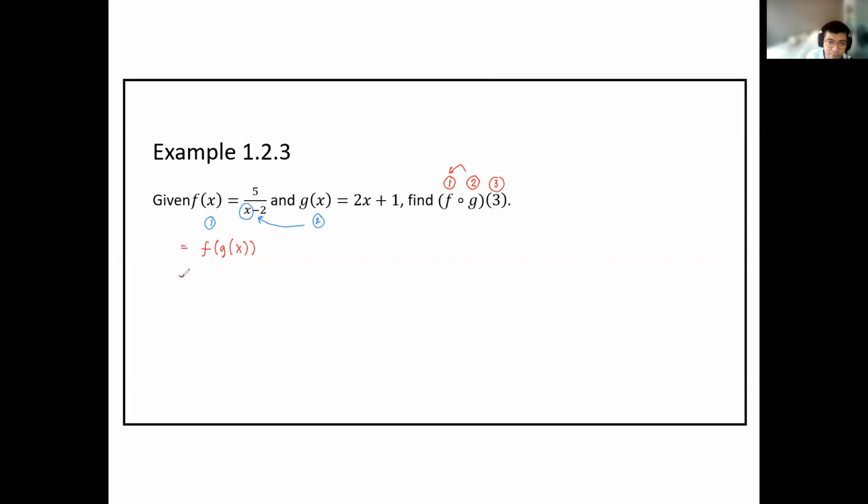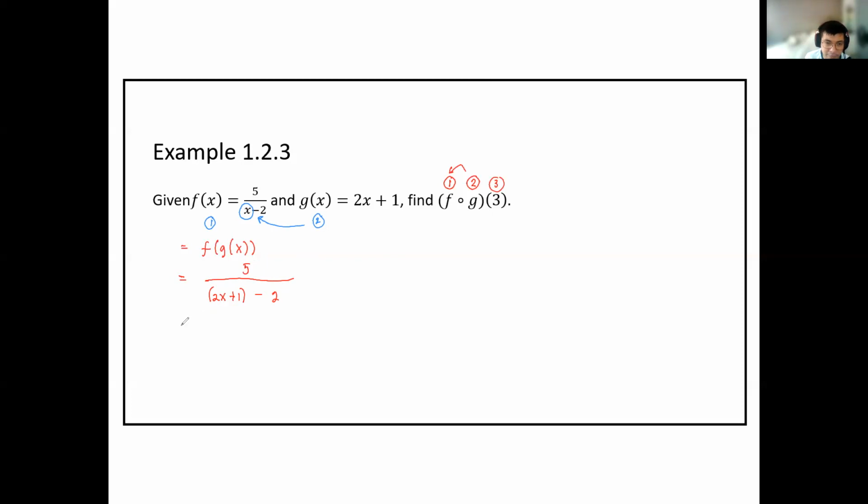We're going to have 5 divided by, instead of x, that will be the g of x now. So that would be 2x plus 1 and then minus 2.